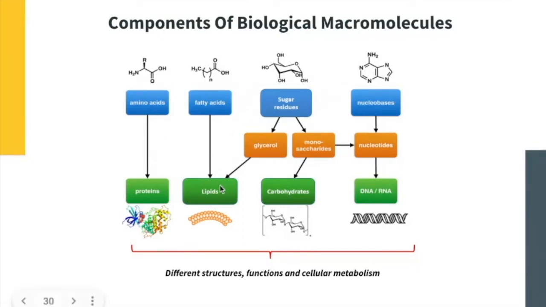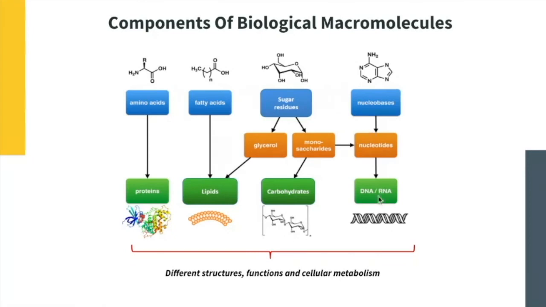And the subunit of lipids is actually the fatty acid. And the subunit of carbohydrate is sugar residues. Which types? We will learn the different types, such as glycerol or monosaccharide or polysaccharide. Okay, and glycerol is also derived from a monomer of sugar, but it can make the lipid, but we will learn that.